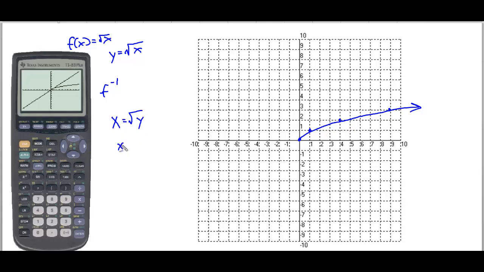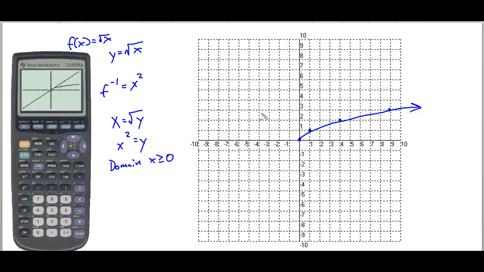Square both sides, x squared is equal to y, but there's a little thing about x squared being equal to y. See, my domain is going to be x greater than or equal to 0. I'm not going to make the smile that x squared would make for my graph here because of my domain restriction from the first problem. In my first problem, x had to be greater than or equal to 0, so in my second problem, that same thing applies.